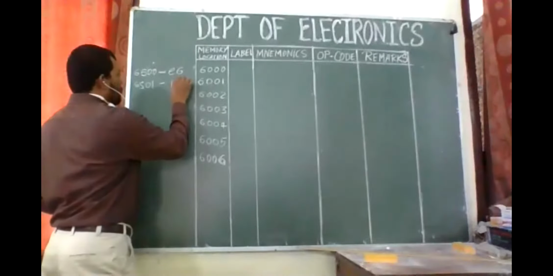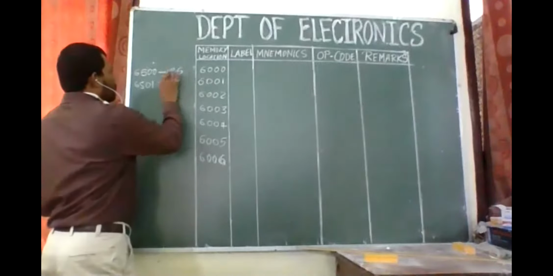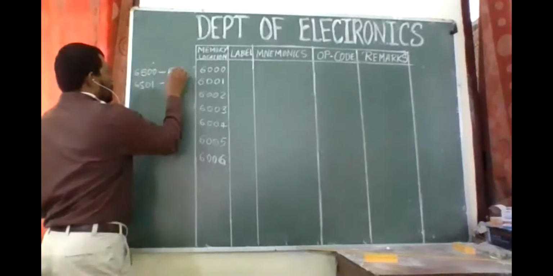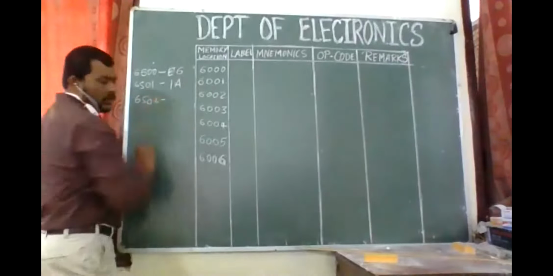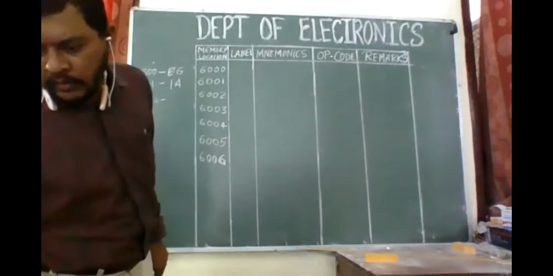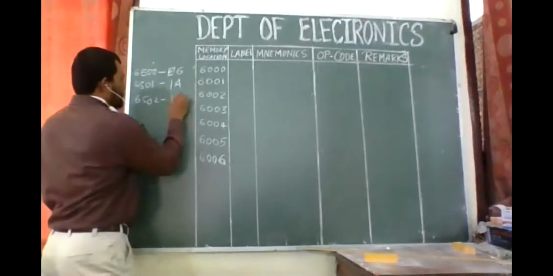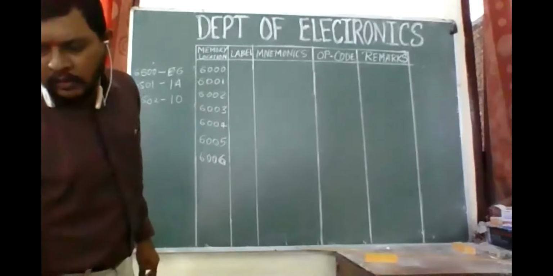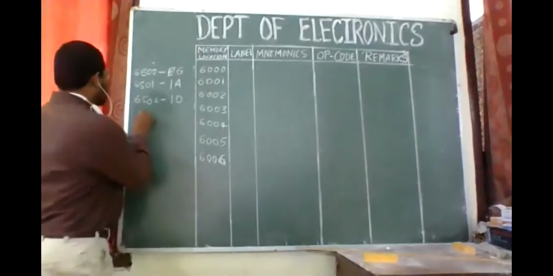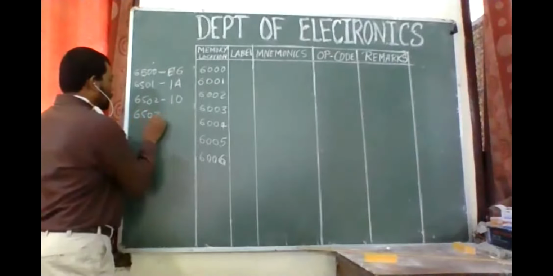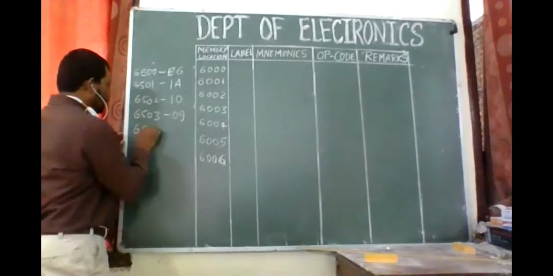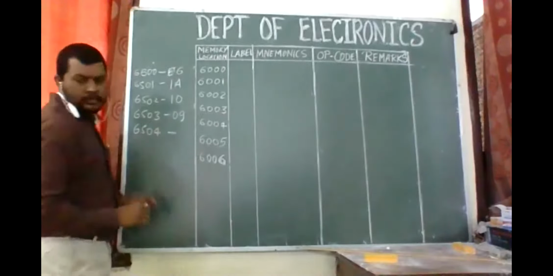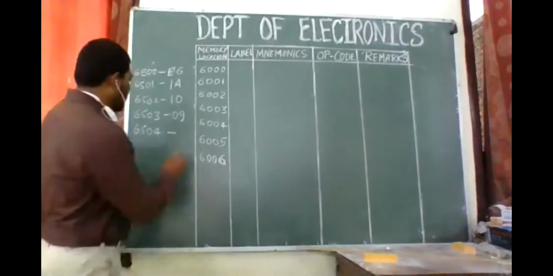I will write it bigger. So the data is E6, 1A. 6502. The data is 10, right? And the third data, 6503. I think it is given in the problem below. 6504. The data here is 3C.